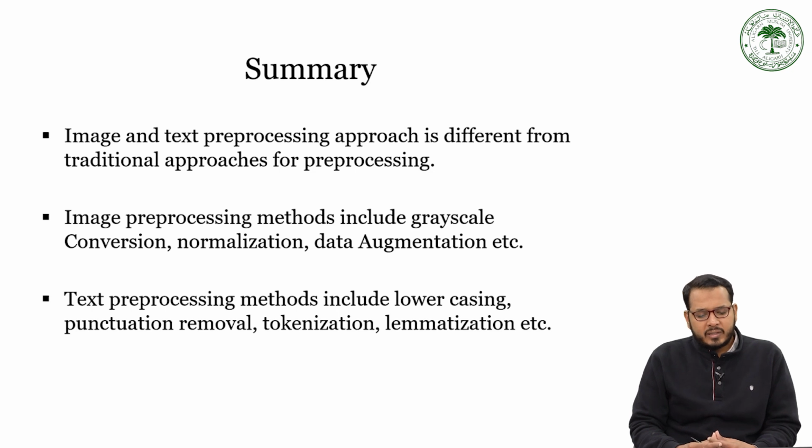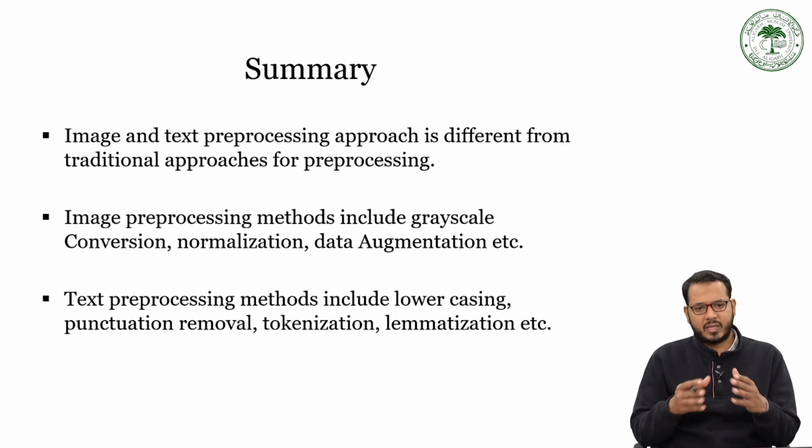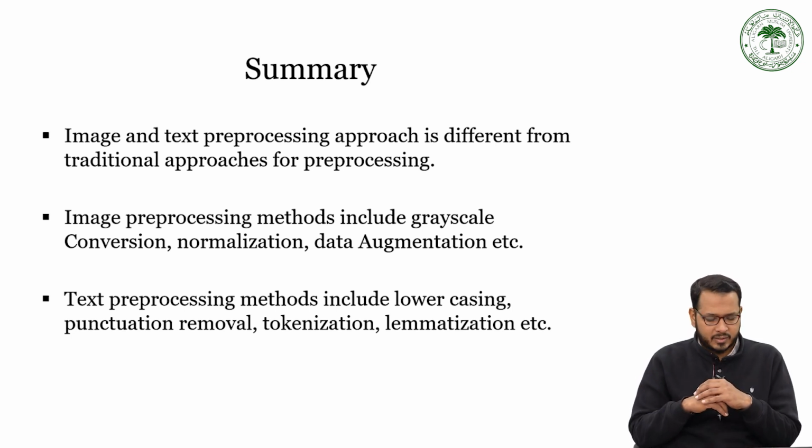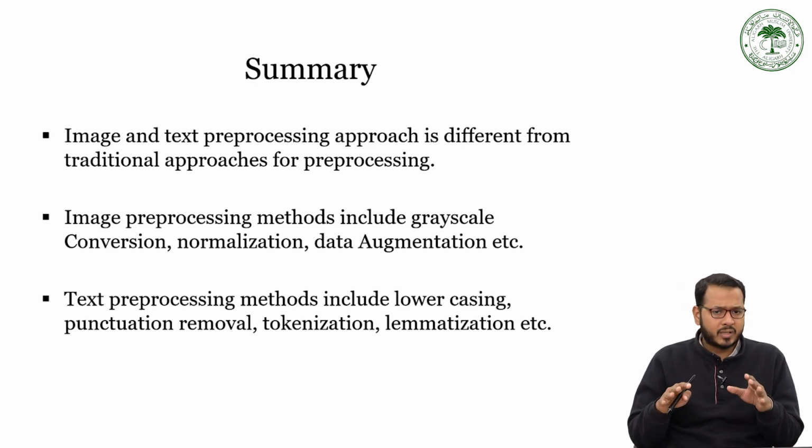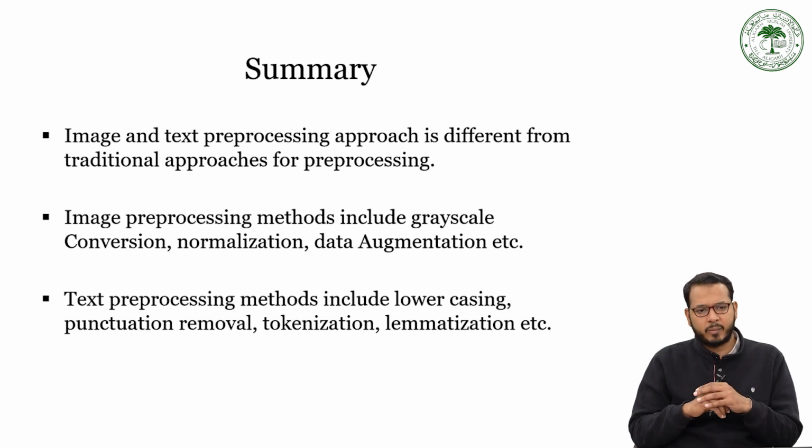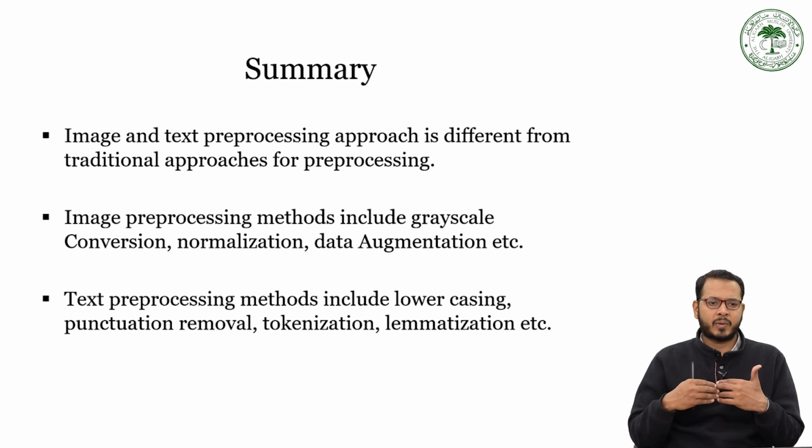So it is important that we have seen a few image and text pre-processing approaches, and we have seen the examples for the same also. But when we implement them for machine learning and deep learning tasks, you will find that we usually do not write the code for all these pre-processing steps, because we have a very good set of libraries available in Python that can directly apply all these pre-processing steps for you, right?